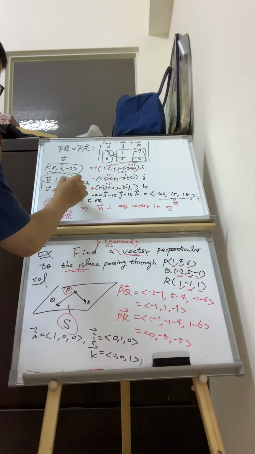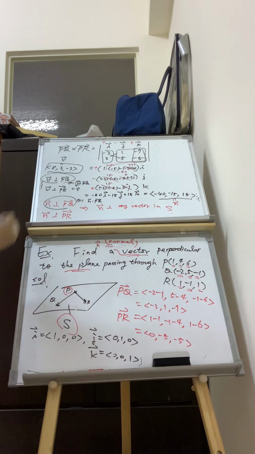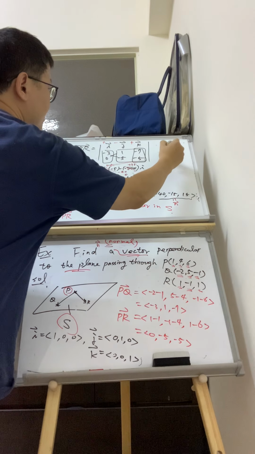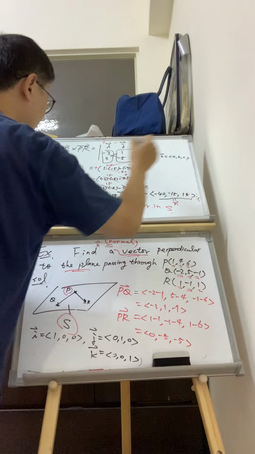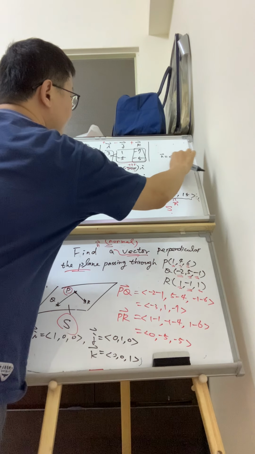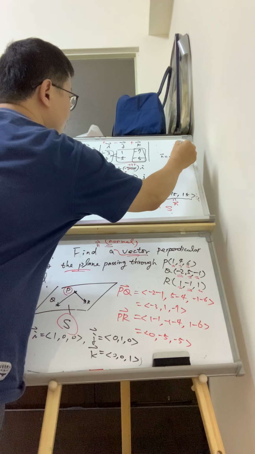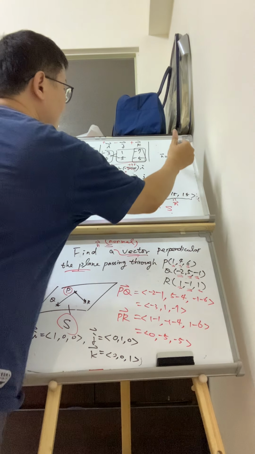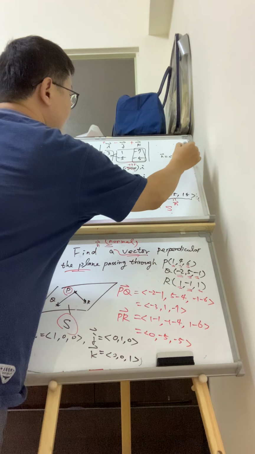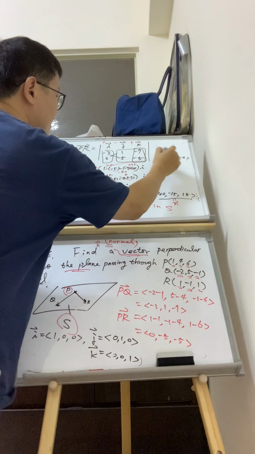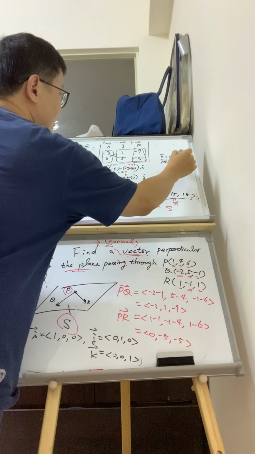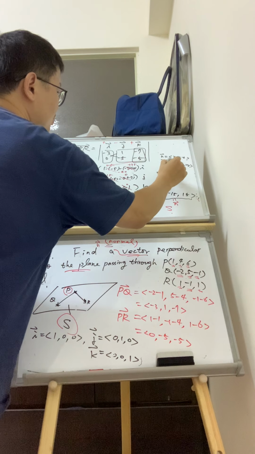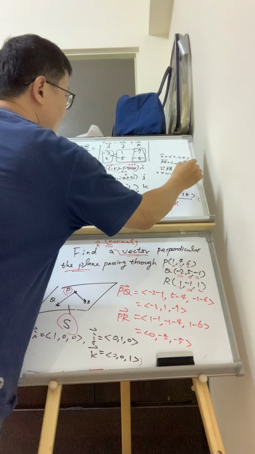V is just some scalar C times the normal vector N. Here N is (A, B, C), or better to denote it by (A1, A2, A3), with components X, Y, Z. And PQ is some vector, for example (W1, W2, W3).